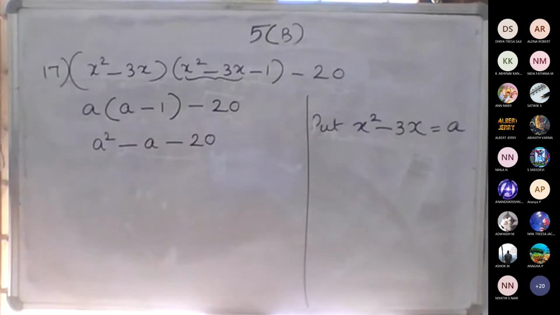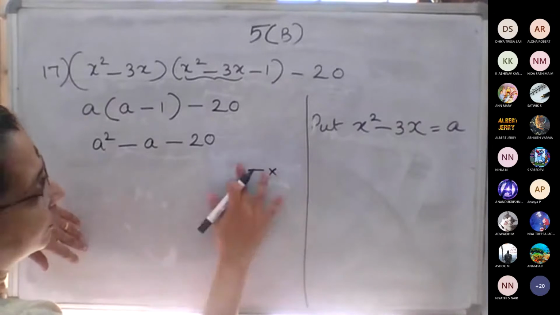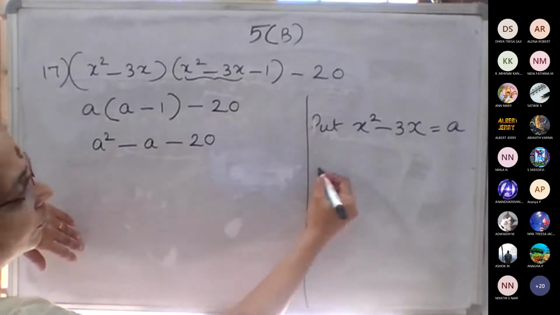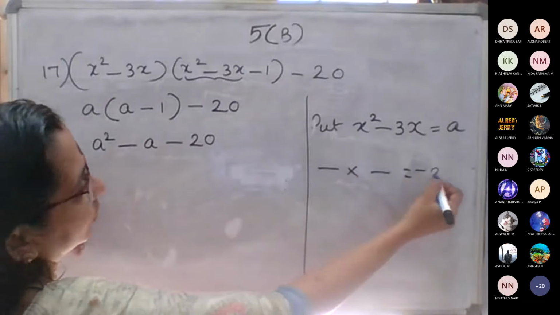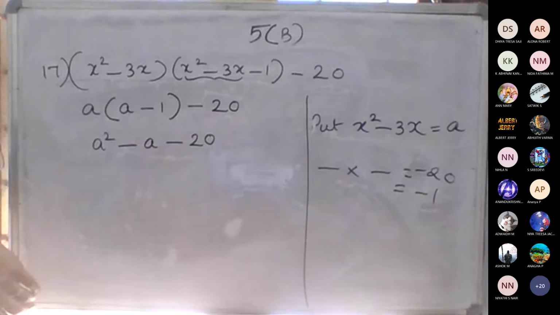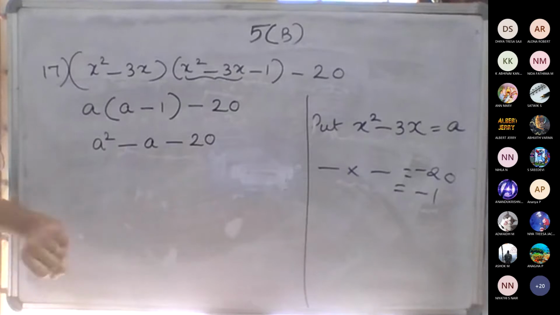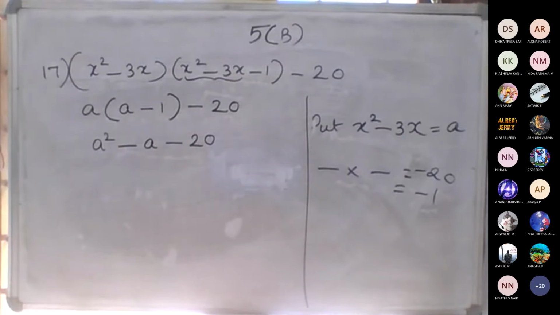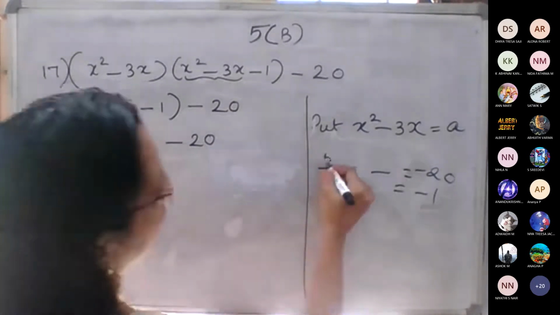Dash into dash, negative 20. Then negative 1 also. 5 into 4.